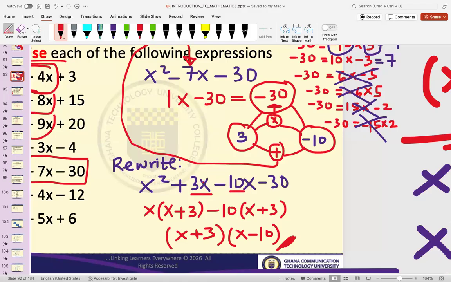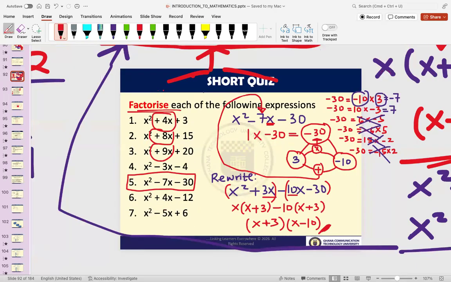The x you are seeing at the back is because there's x at the back here. That's why you are seeing those x. So immediately you get this, then you can join them 2 by 2 like this. That is all. And then you factor the common things out. Very good. So that was a good question.